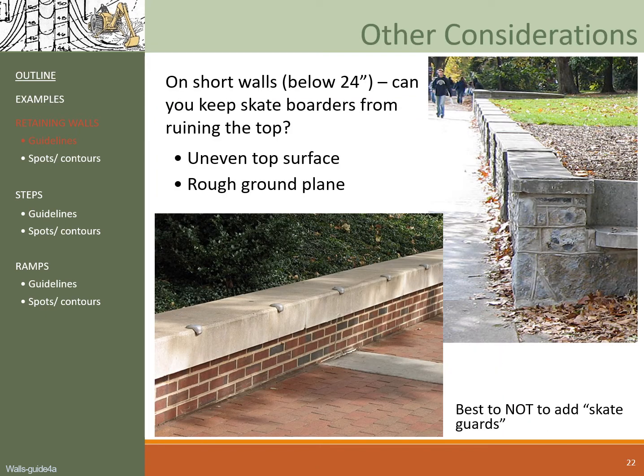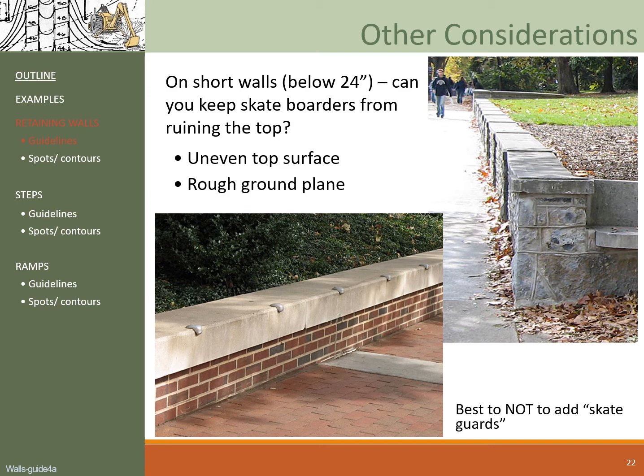So those are the 6 key guidelines for retaining wall design. One other design consideration that I want to mention here is skateboarders. Okay, a major threat to retaining walls in public spaces. Short walls below 2 feet are their favorites.